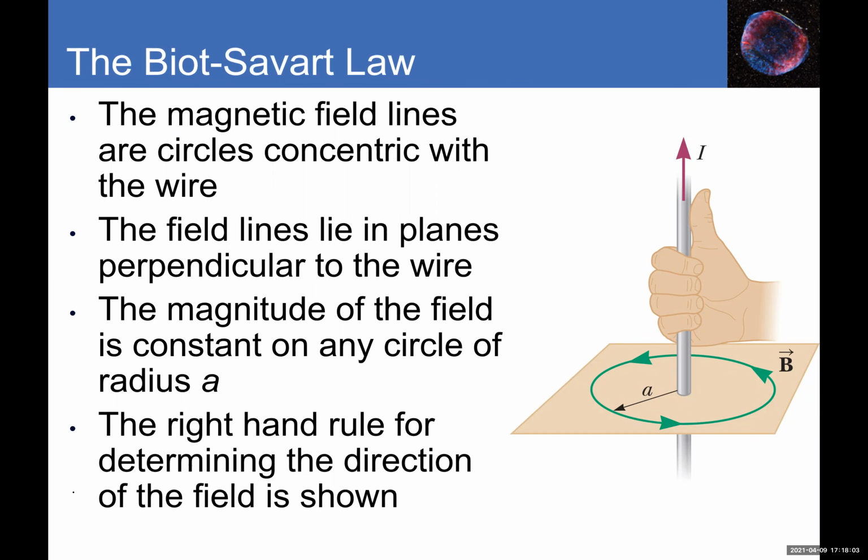If the current is up, the magnetic field is counterclockwise. If the current is down, the magnetic field will be clockwise. So the direction changes depending on the direction of the current. The magnetic field strength will not change, but the direction will.